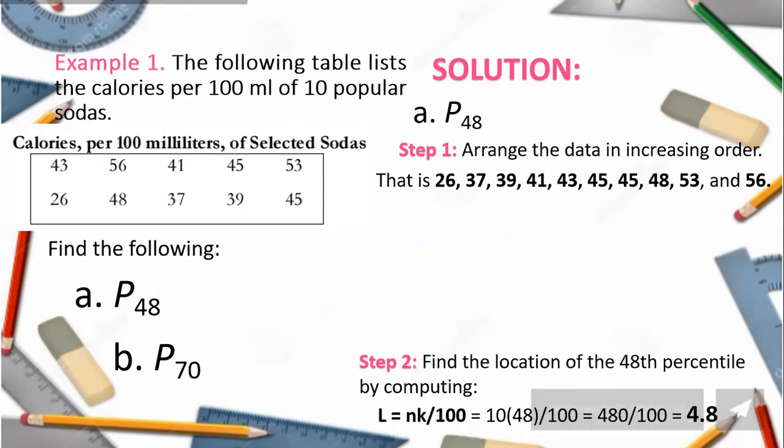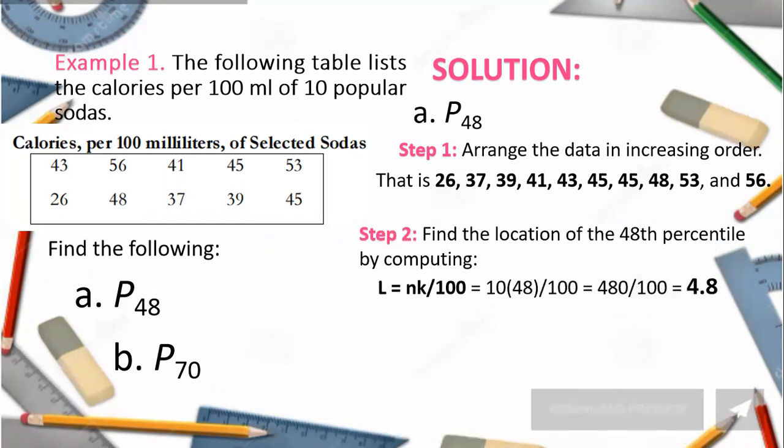Step 2 is we determine the location of the 48th percentile by using the formula N times k divided by 100. In this given example, our N is 10. We have 10 popular sodas. Our k is the unknown percentile, so we have 48 divided by 100.